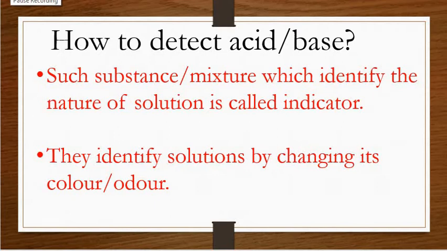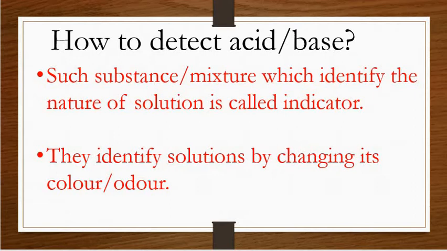Now, the identification of a compound, whether it is acid or base, how can we do that? There are some substances, or a mixture of substances, or a dye, which identify the nature of a compound, whether it is acidic, basic or neutral.